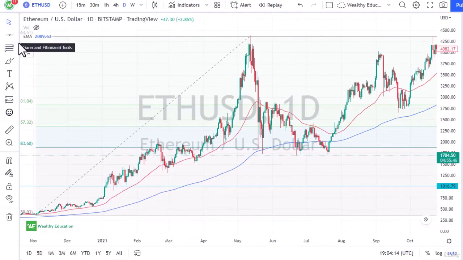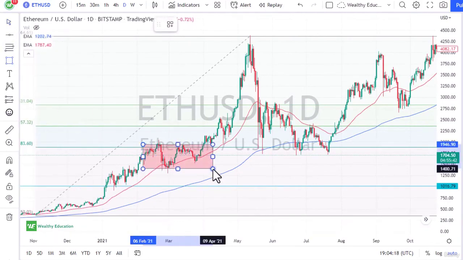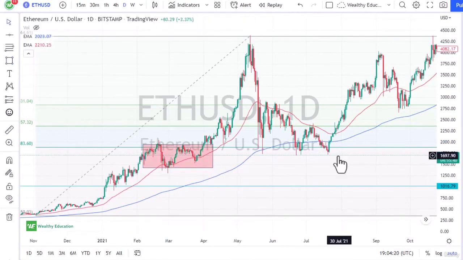But what really captures my eye is the fact that this area had been important previously and noisy, and that was a nice pullback in a longer term trend. That's counter trend to what's going on. So you can see how that played out as well. So in the next video, we'll talk about using something called a Fibonacci extension to spot potential market bottoms.